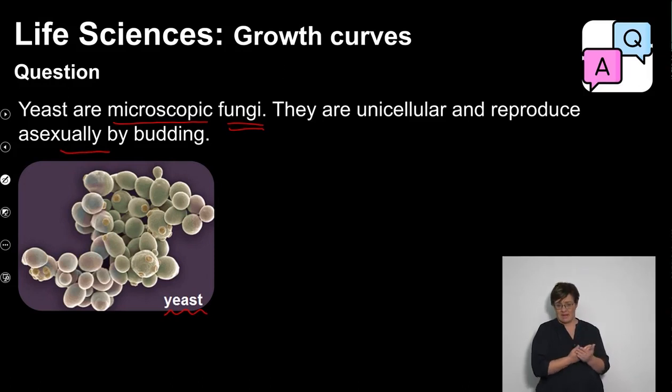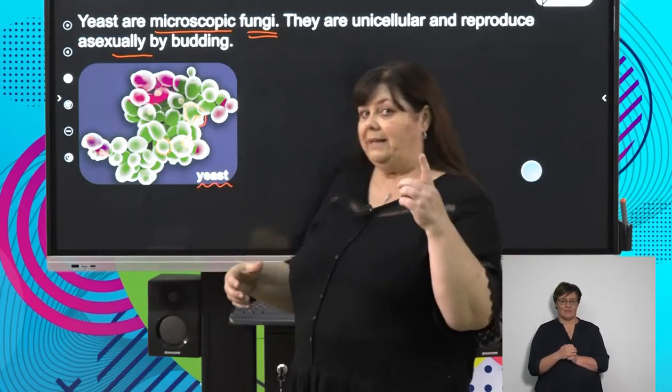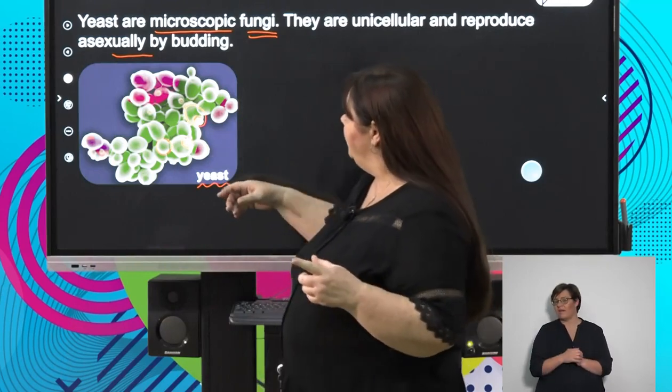They are asexual reproducers, and here in this photograph you can see that a mature yeast cell starts to make little buds, and eventually these buds grow bigger and bigger, and they break off the original cell and they can start growing as independent organisms themselves. But now here's something interesting.